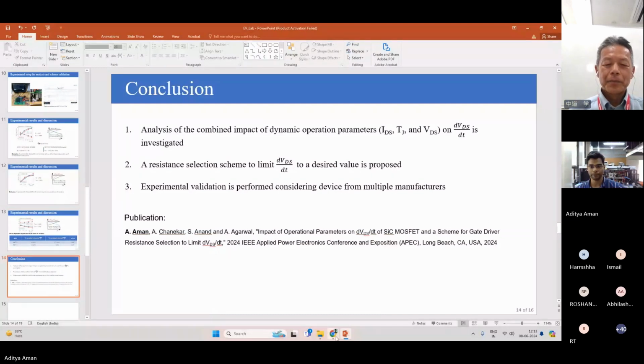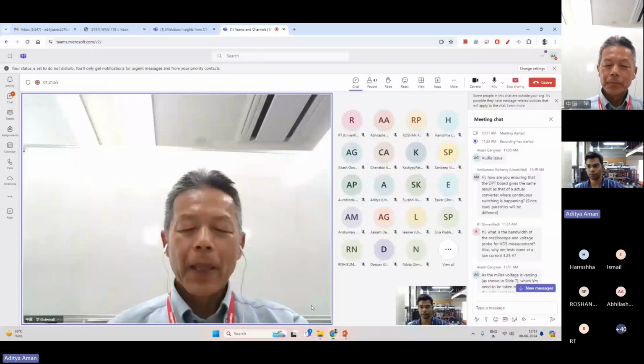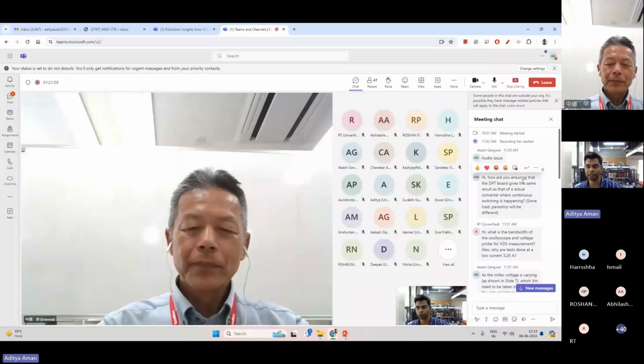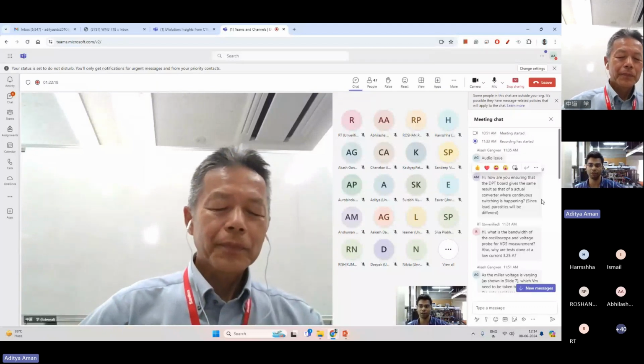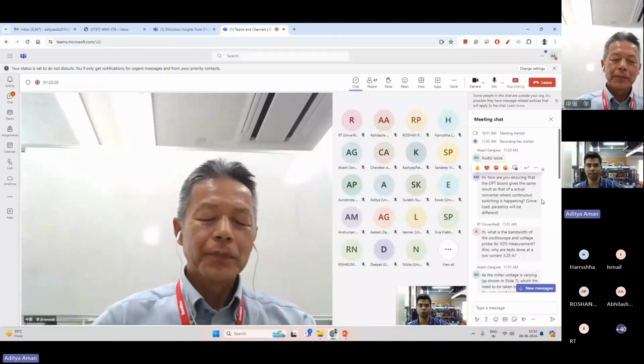So the question is, how are you ensuring that DPT boards give the same result as that of an actual converter where continuous switching is happening, since load parasitics will be different? We recommend that you perform this test in the actual setup. Before you make the entire circuit operational, we recommend you make the individual switches operate in DPT fashion.